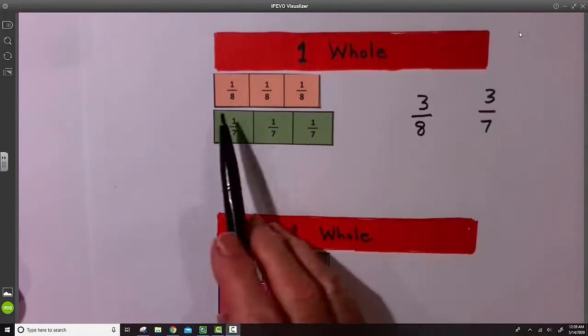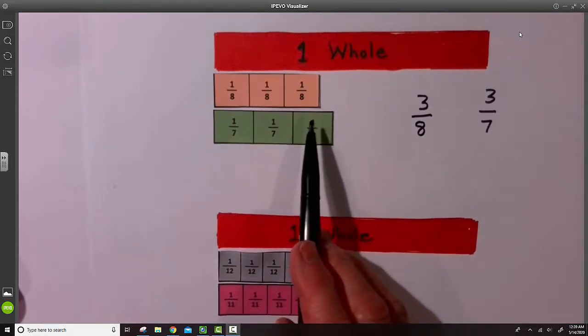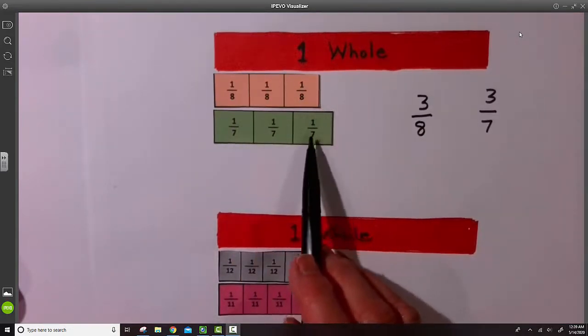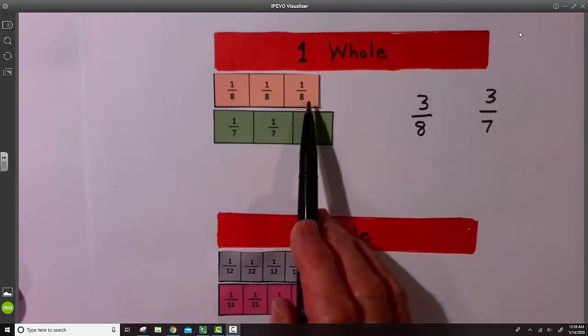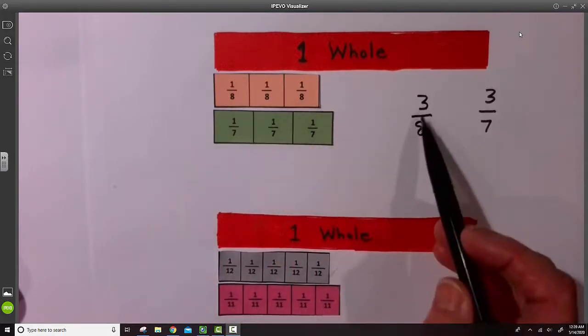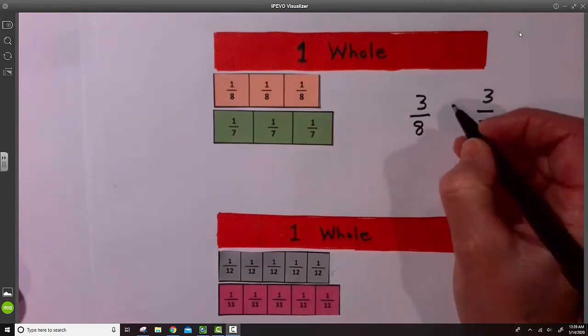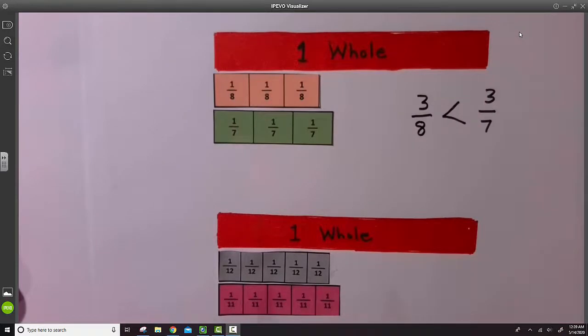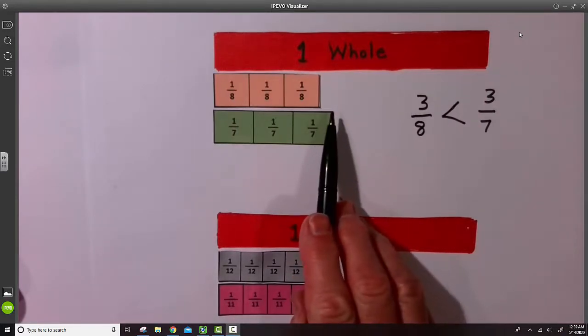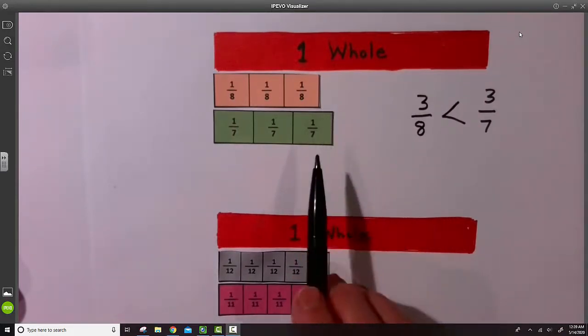When we have this visual representation, we can clearly see that 3/7 is larger or longer than 3/8. So 3/8 is less than 3/7. It's not a significant difference, but it's still a difference.